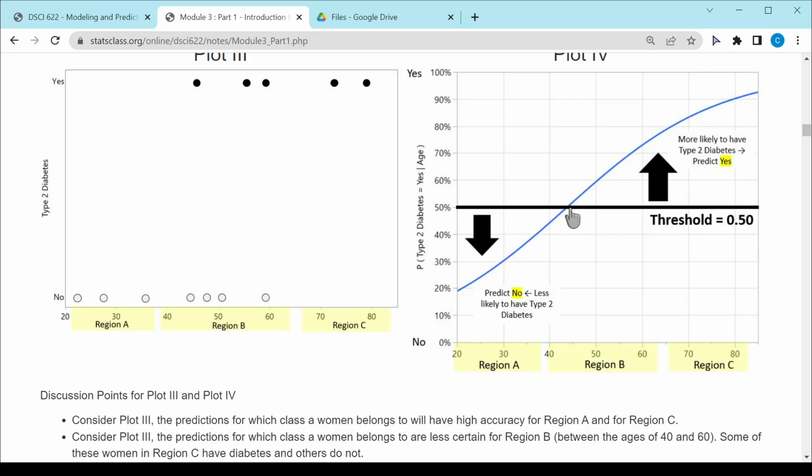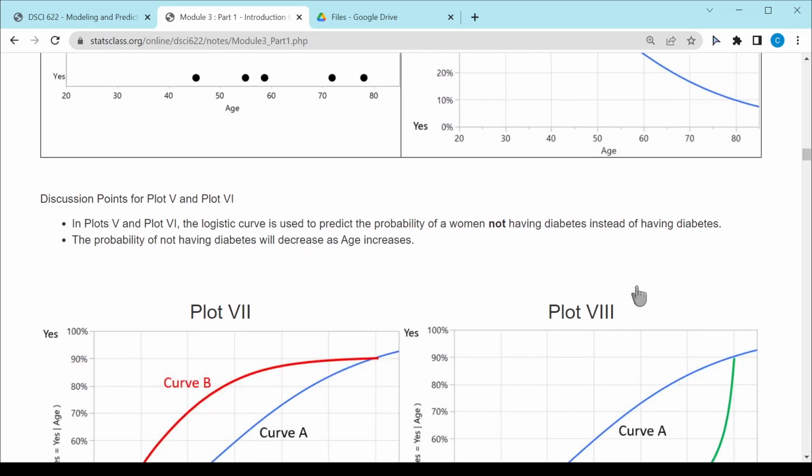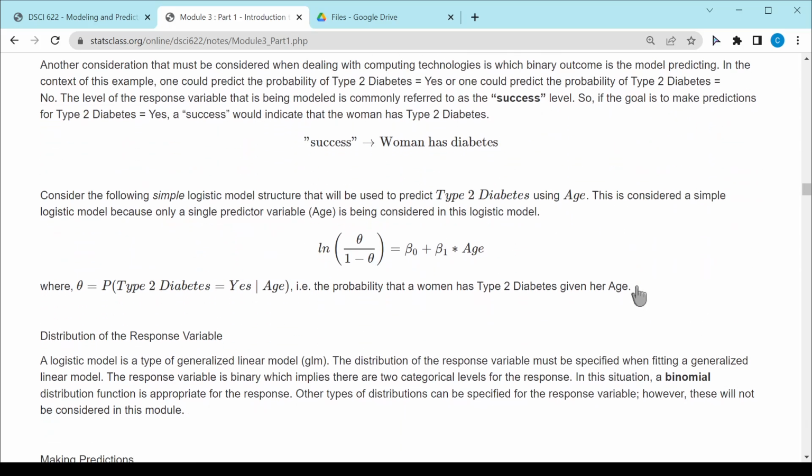Any woman of age 45 or less is going to be predicted to be no. There's a lot of work going into that model, but it really comes down to where this curve crosses this threshold. If I'm above that, I'm going to predict them to have diabetes, and if I'm below that, I'm going to predict them not to have diabetes. That's the idea of a threshold.